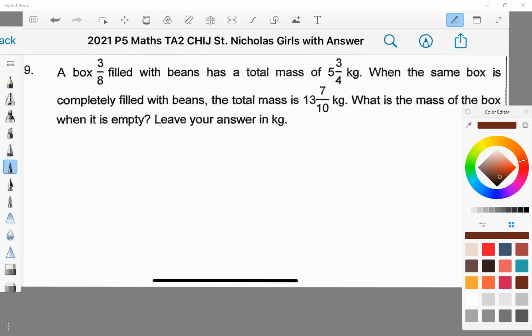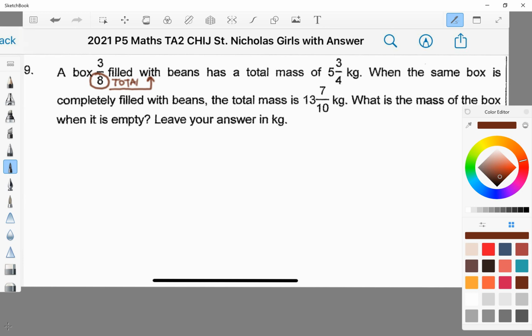So they told us that a box 3 out of 8 filled with beans has a total mass of 5 3/4 kg. So what the question expects you, the reader, to understand is that the total units when the box is fully filled will be 8 units.